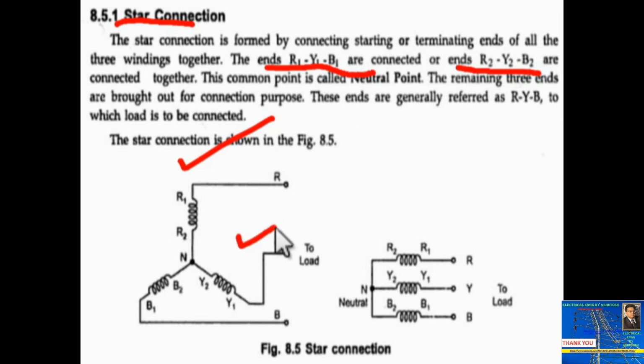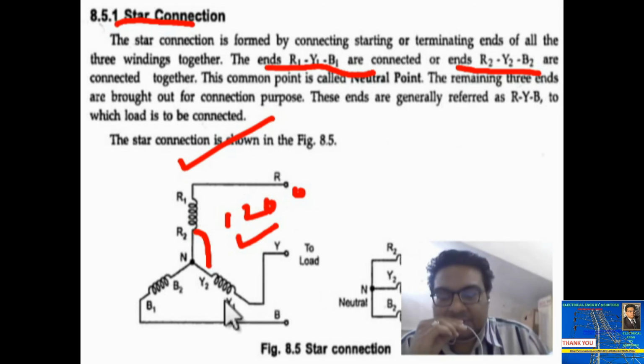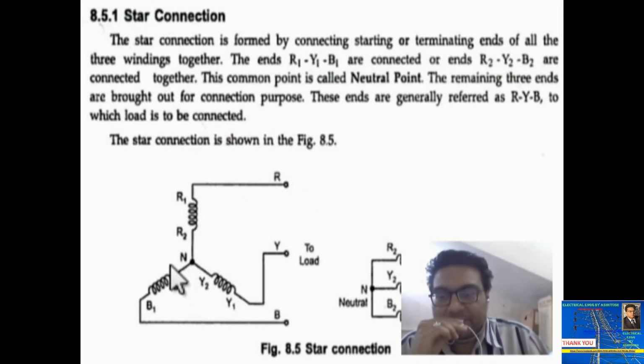This is the second coil, after 120 degrees phase difference. You can see there will be a 120 degree phase difference between two coils. And this is the second coil Y1, Y2, and this is the third coil B1, B2.